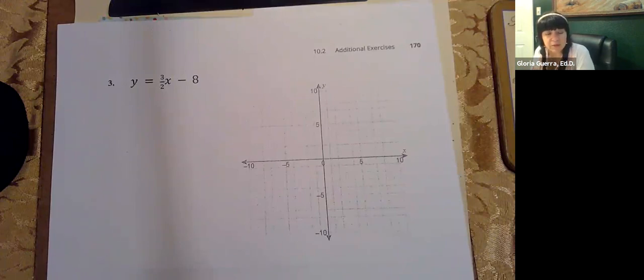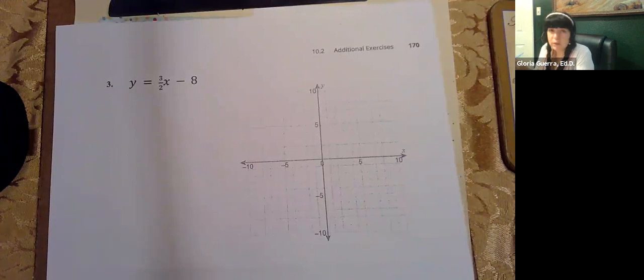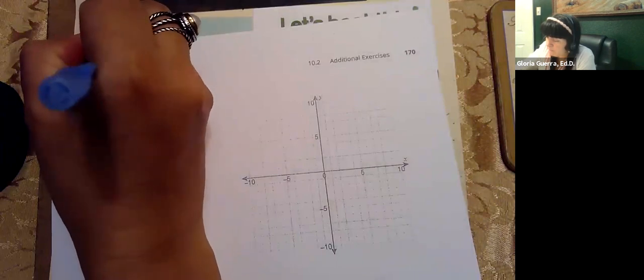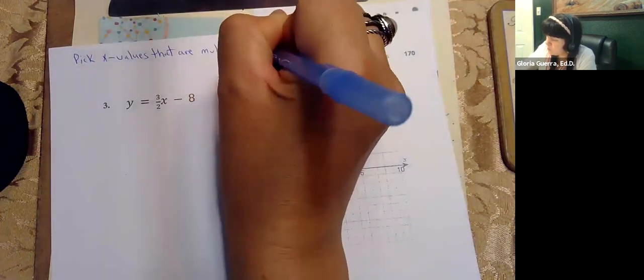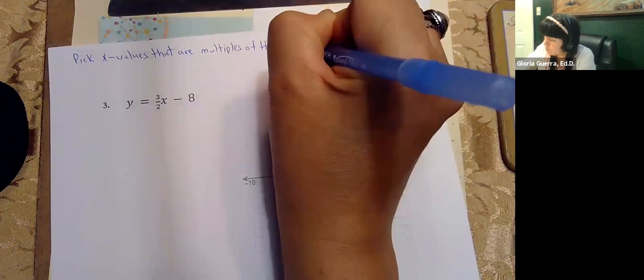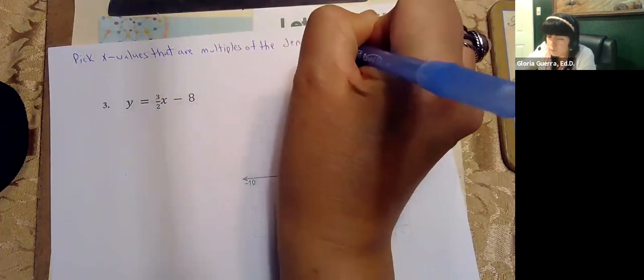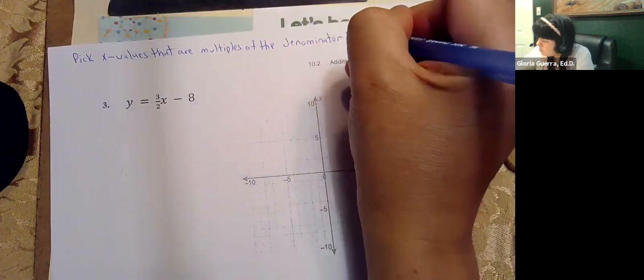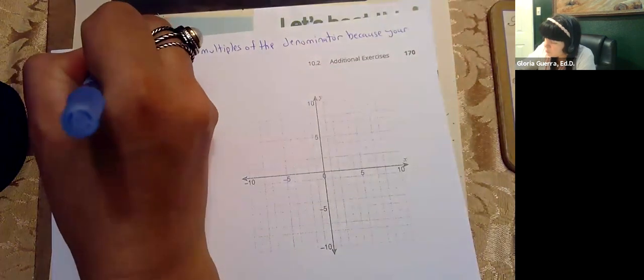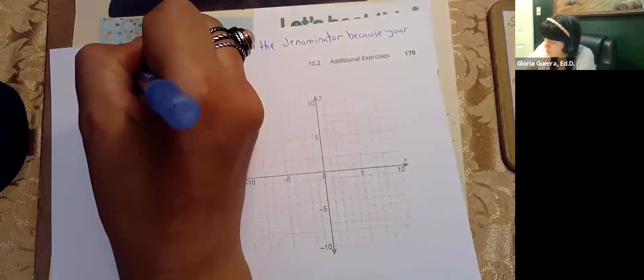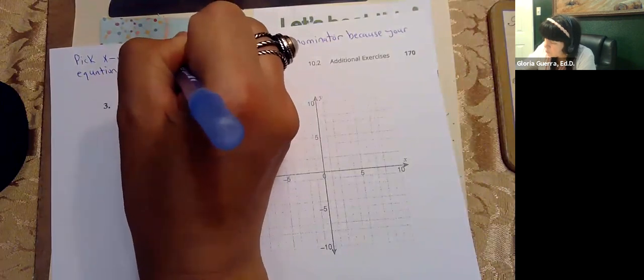You want to pick x values that are multiples of the denominator because your equation has fractions.